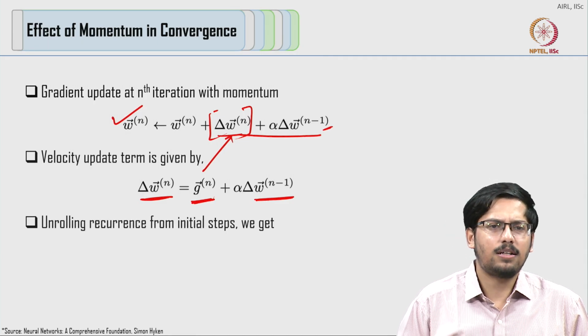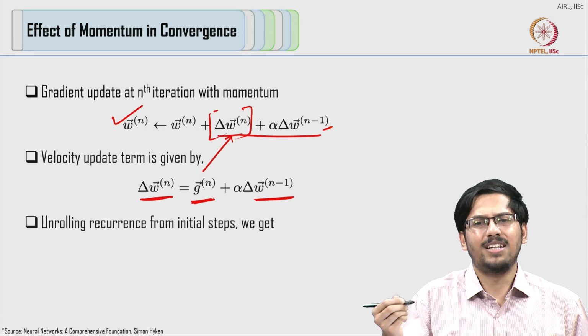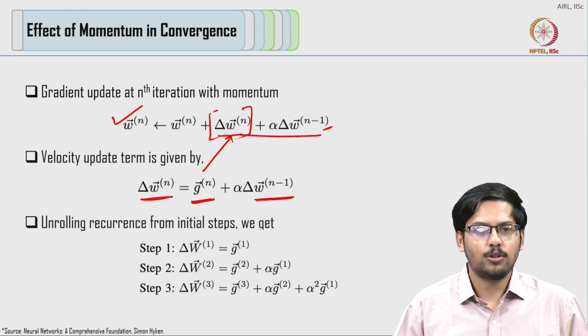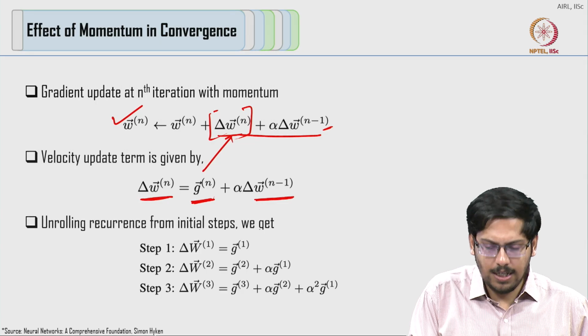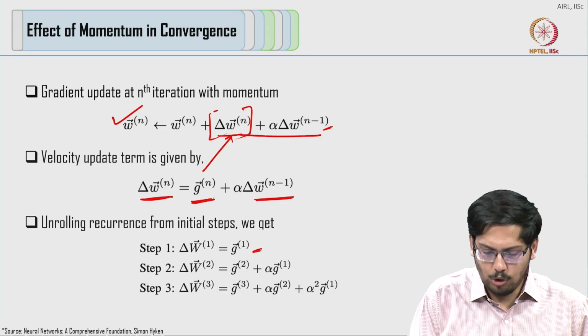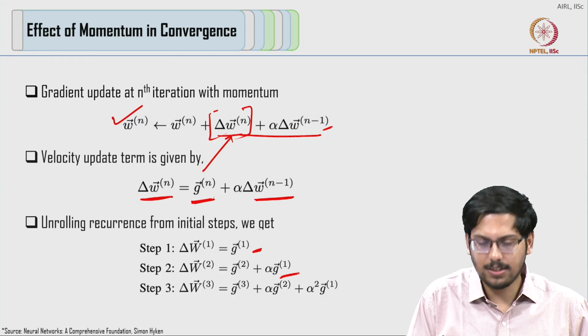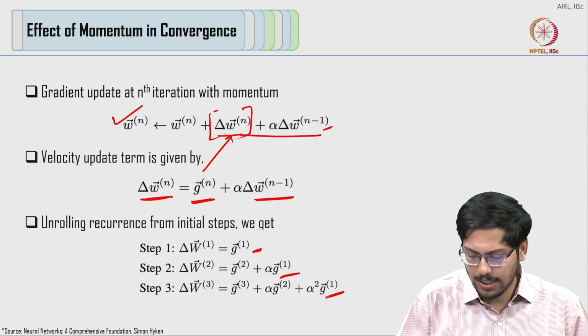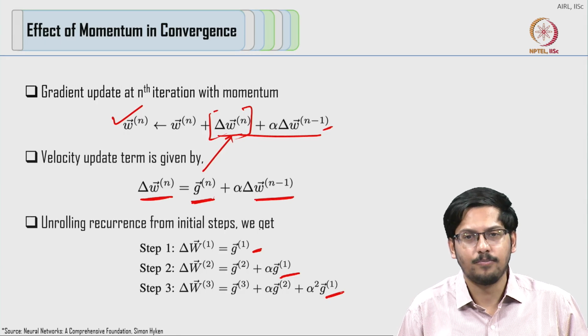Now let's look at the recurrence from, let's say, the first iteration to the nth iteration. So during the first iteration, delta W at the first iteration would just be G1, delta W2 would be G2 plus alpha times G1, delta W3 would be G3 plus alpha times G2 plus alpha square times G1, right?